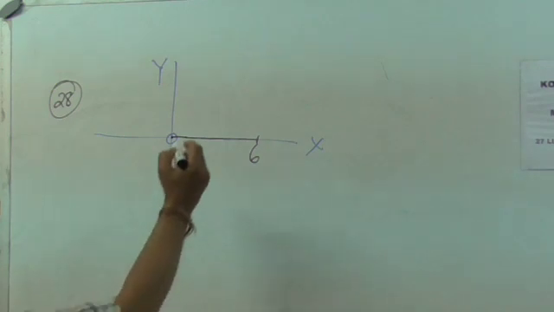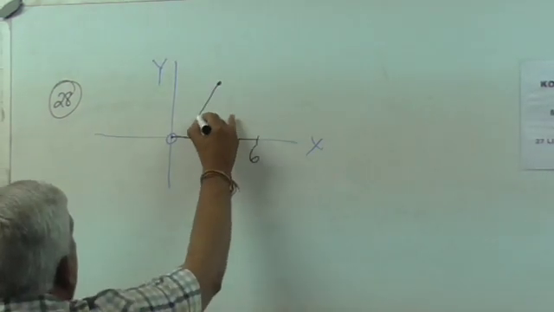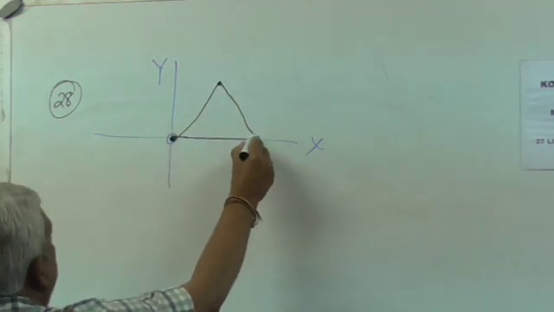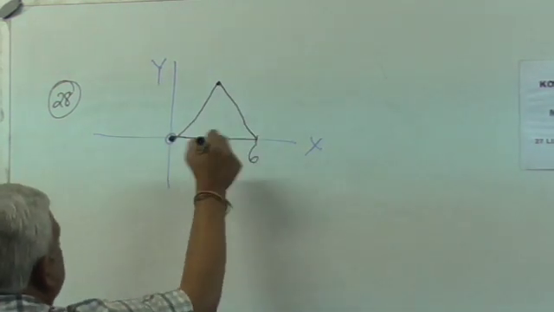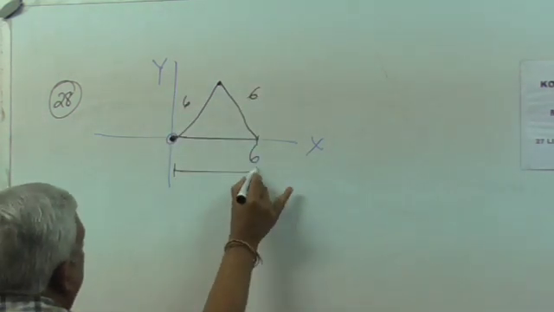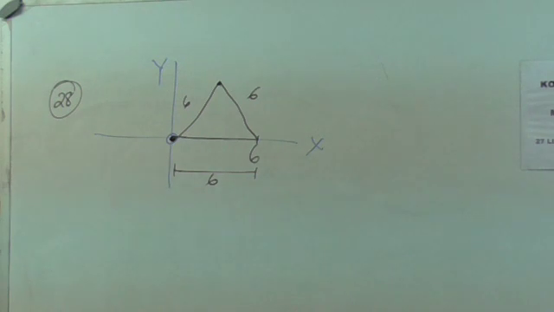So it's an equilateral triangle. So we'll have a triangle, the sides coming down there, sorry about that, and sides coming down there, and all the sides measure 6, 6, and that measures 6. Now, they want us to find the equation of each side.